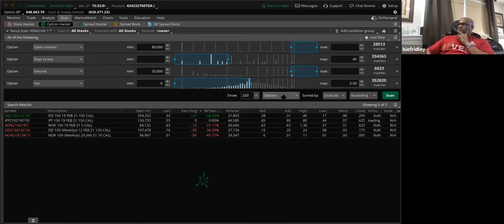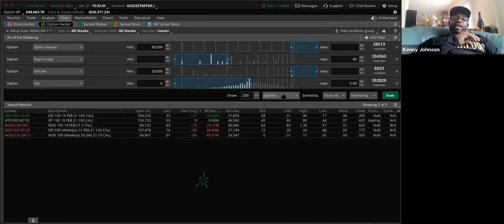Because all stocks don't have options. So it's going to search for every stock that's optionable, and then it's going to give you your output. So this is what we call a screener. Well, they got it under option hacker, but same thing. And then you can scan for different things and it searches the market for you.